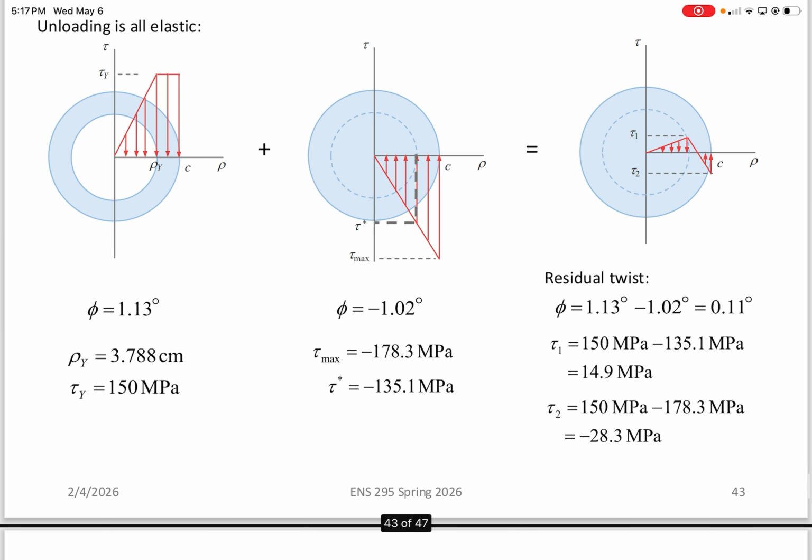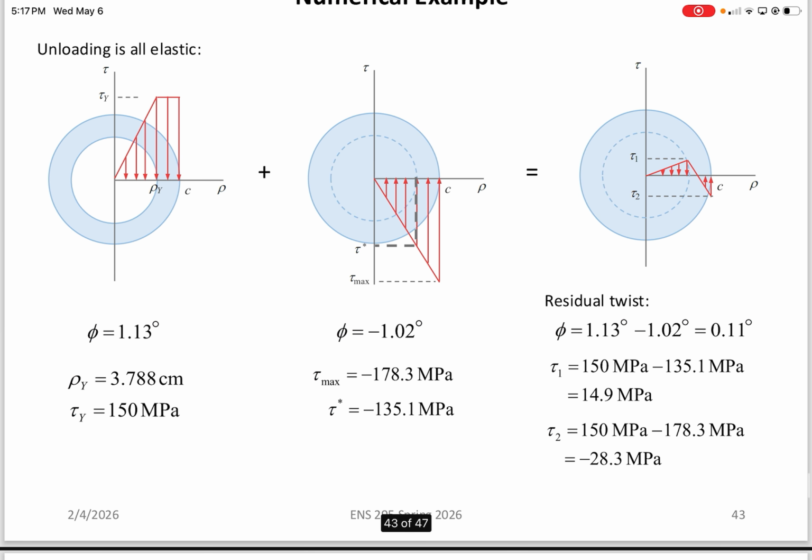All right, and then the residual twist. Once you figure out what the maximum stress is, assuming a linear distribution, you go in the opposite direction, and it's a summation of the two. The residual stresses are the difference between the yield stress and what you would calculate as a stress that isn't a real stress, like this tau max here.